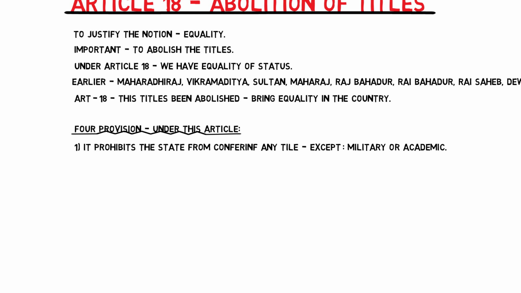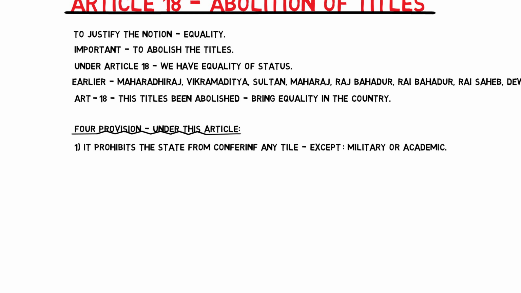So the first provision under Article 18 is this: the state has abolished all those honorary or royal titles, but the state has also made a provision that only military and academic distinction titles can be given to any individual, and therefore today we have titles given by the state to individuals in India who have excelled brilliantly in military service, academics, art, culture, sports, etc.